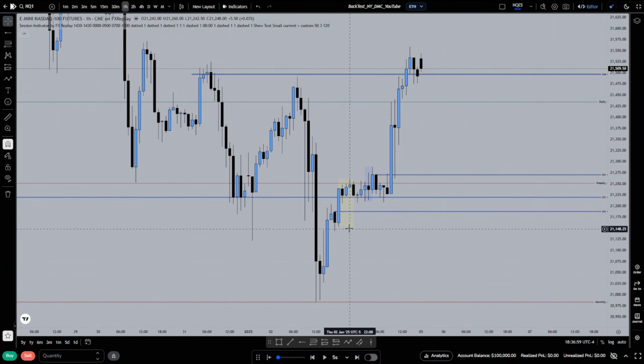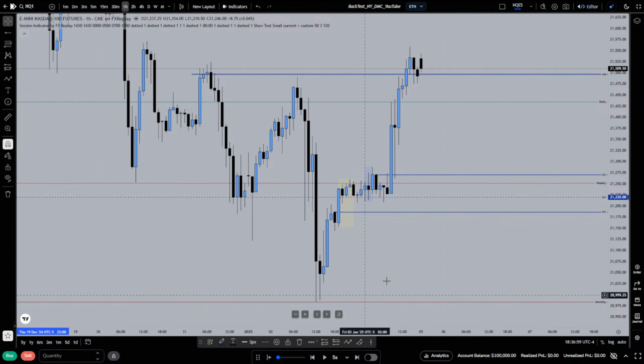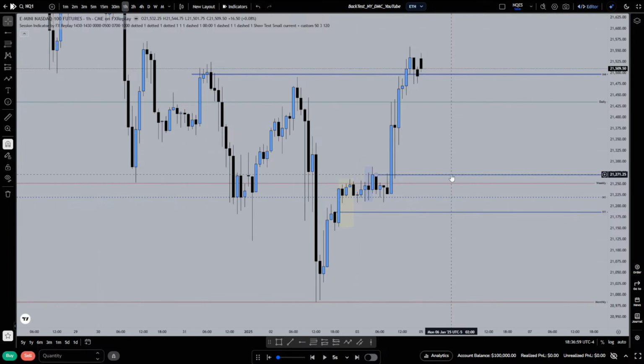So this level is also another level that has not been tested, so eventually we're probably going to come back down to it. Oh, we have tested this guy, so let's just put it as this one we have tested, so let's put this one also as dot.